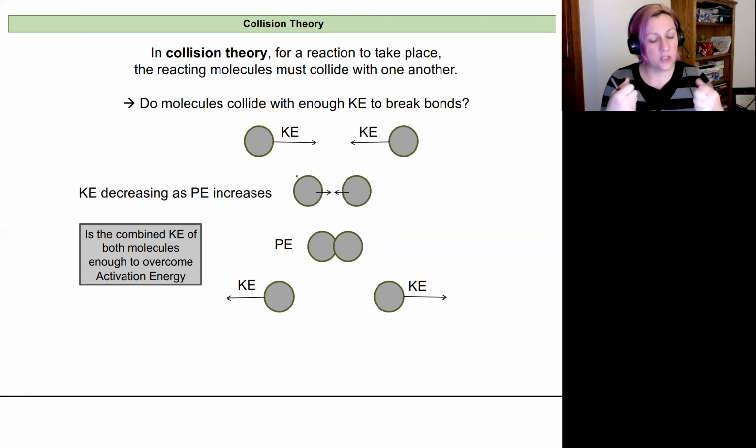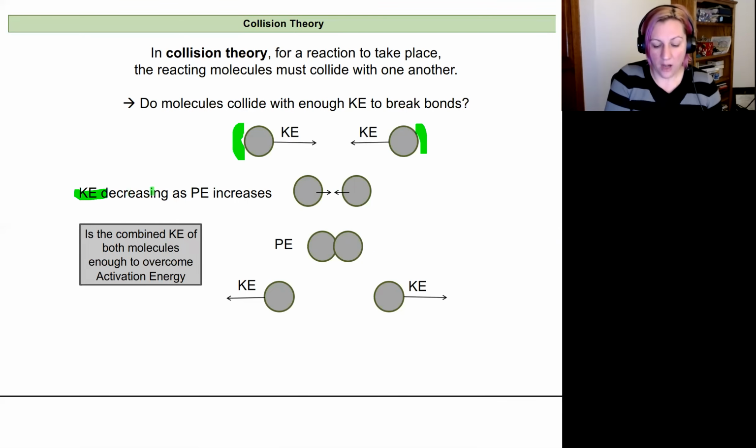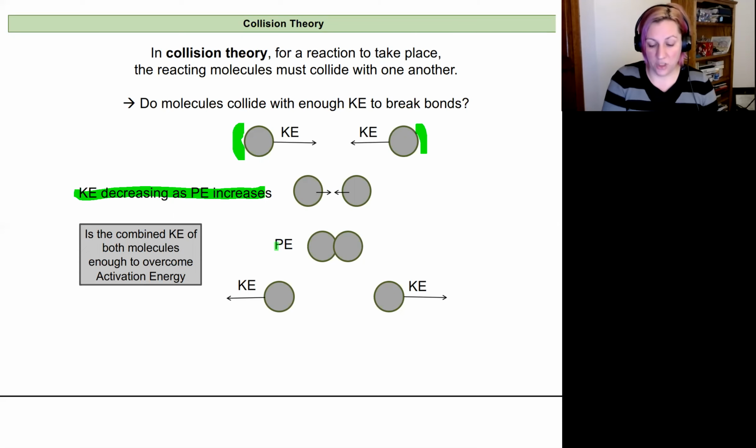And so the question is, when these two collide, do they collide with enough kinetic energy that can be transformed into potential energy to break the bonds to make the chemical transformation take place? And so thinking about this, we start with our two molecules right here coming in towards each other. And as they come towards each other, our kinetic energy decreases and the potential energy increases until they collide. And that kinetic energy is completely transformed into potential energy right here.